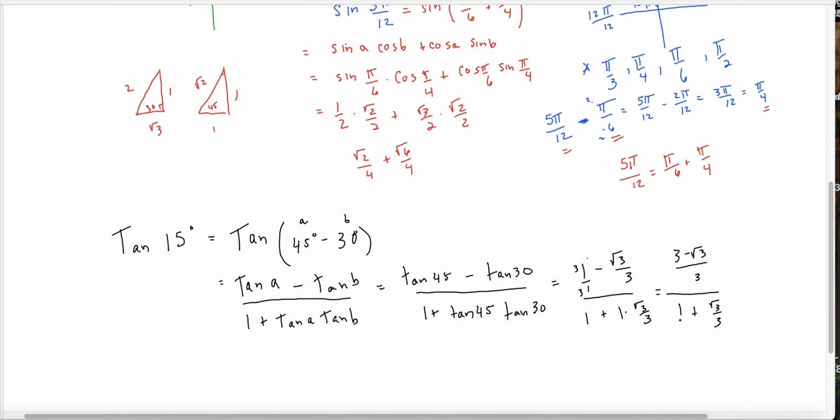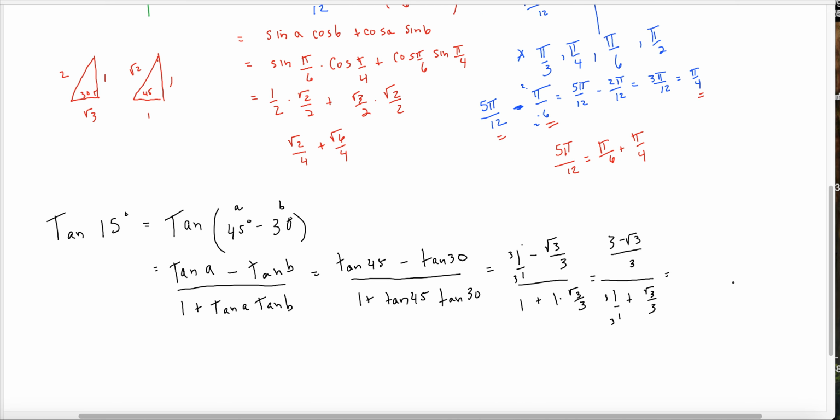So similarly, thinking of 1 as a fraction and multiplying by 3 over 3, in that denominator I'll have 3 plus root 3 over 3. I'll jot down that numerator again.